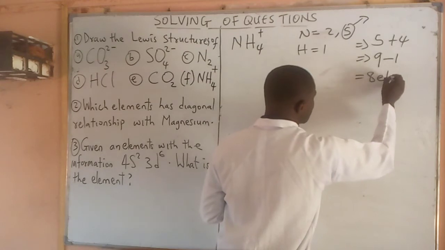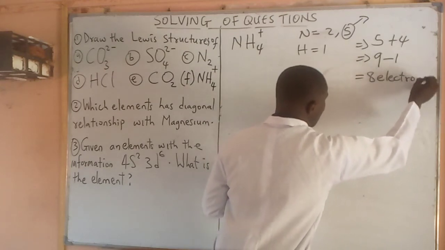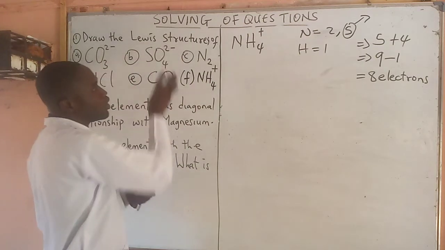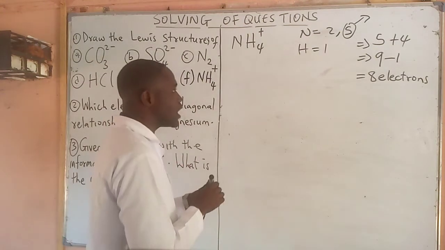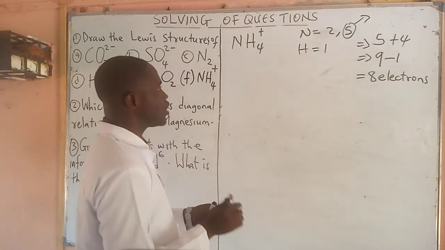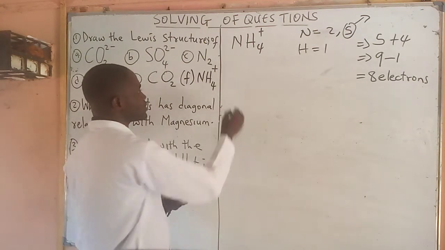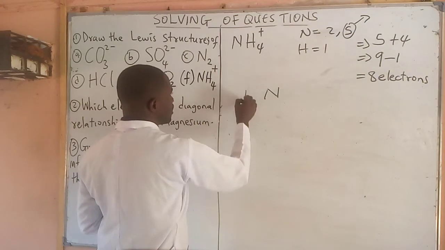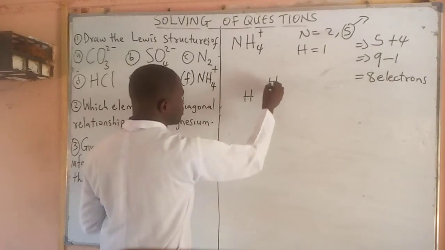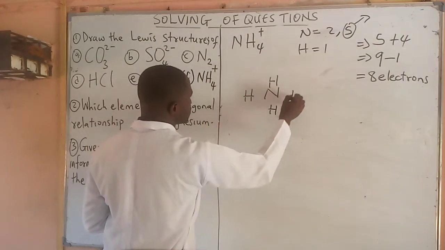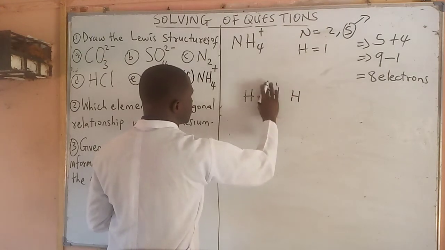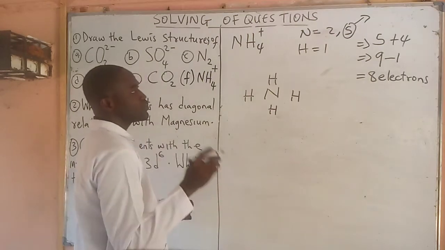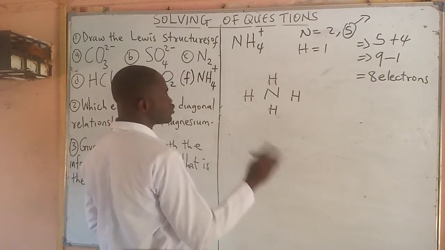In the video before this, we were able to solve all the other ones, so try to check it on our channel so that you see the video and enjoy it. Now see how we sketch. We write nitrogen, hydrogen, hydrogen, hydrogen, hydrogen. Now hydrogen has a duplet structure, meaning its highest outermost electron count is 2.